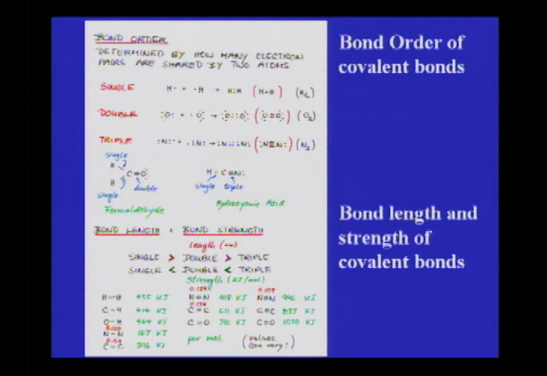Now, we already talked about bond order, right? And we know what it means. Bond order means that we are dealing with covalent bonds, and we have bond order 1, 2, and 3. Apparently not 4, although at times we can find C2 molecules.